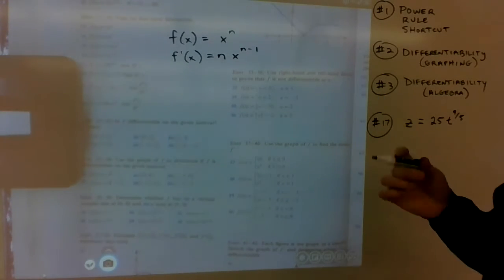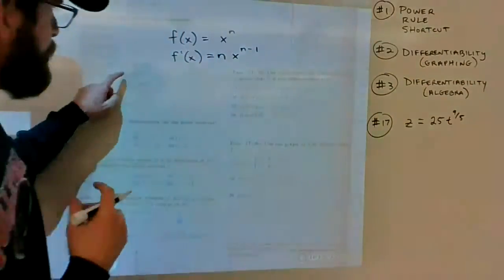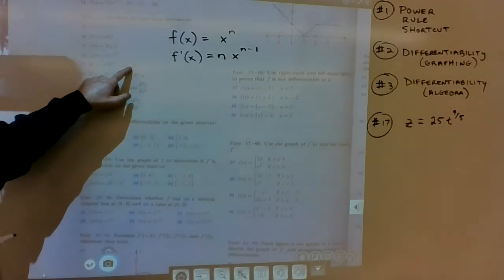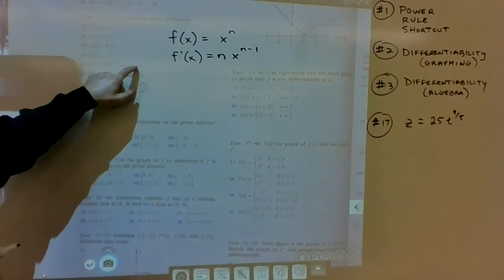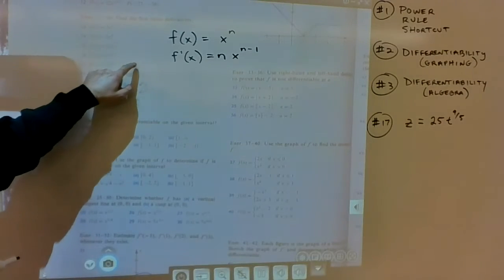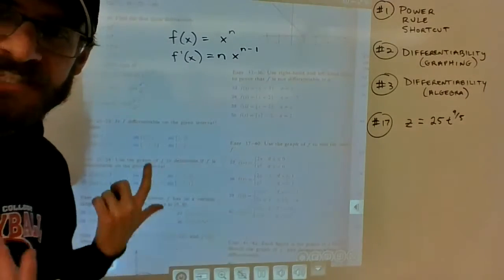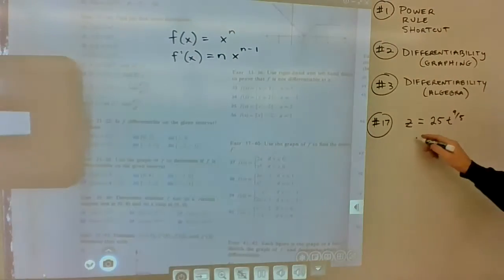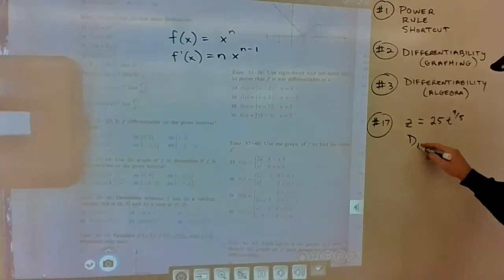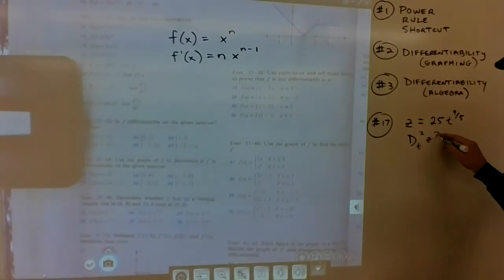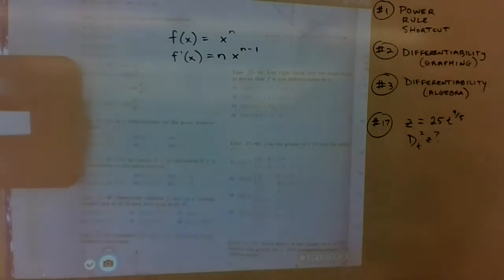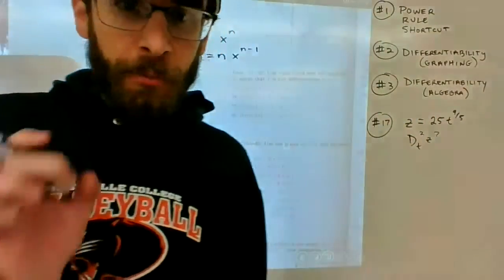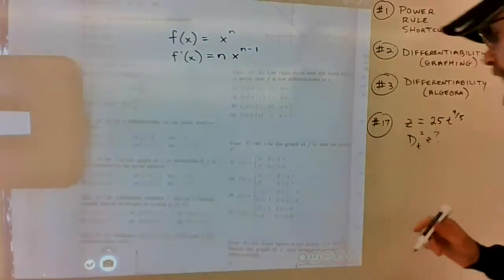What does, and then they use the notation, the derivative of z with respect to t squared, that just means take the second derivative. So take the derivative twice. You can write the notation as z prime if you're taking the derivative of both sides.